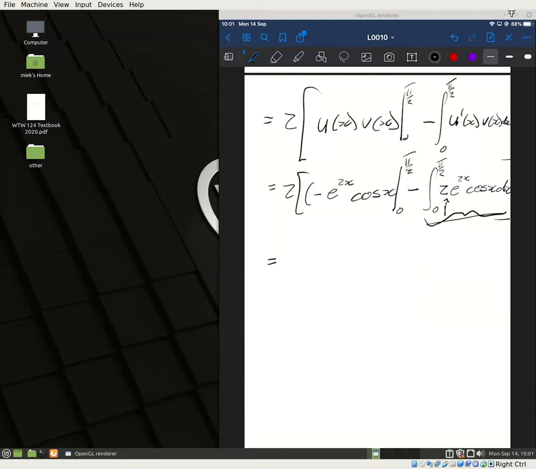So if we compute what this is, this is 2 times, and now if we plug in everything that we get here, substitute in our values, this turns out to be 1 plus, and now I'm slightly confused.